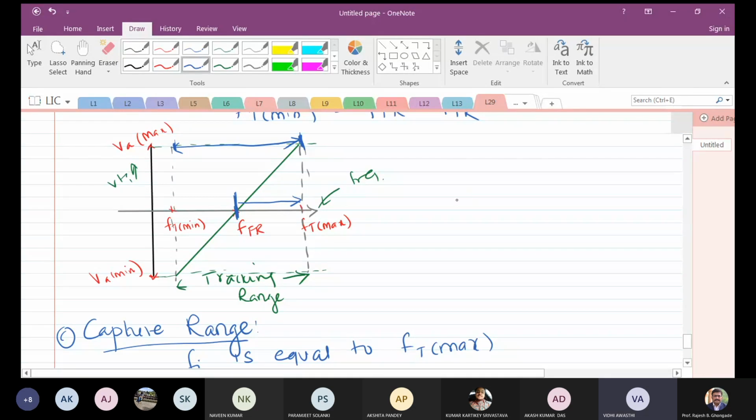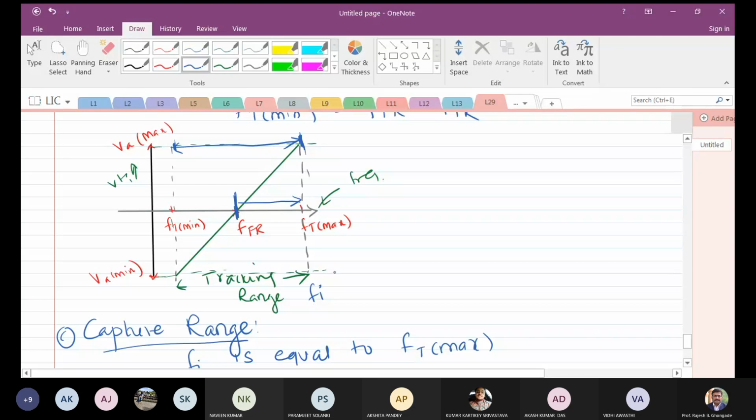Look, the tracking range is clear. What is the tracking range? Now we may naively expect that even if your Fi is somewhere around the boundary or exactly on the boundary, that is Ft max, still it will have a lock. That is, will FO track Fi or get locked with Fi?